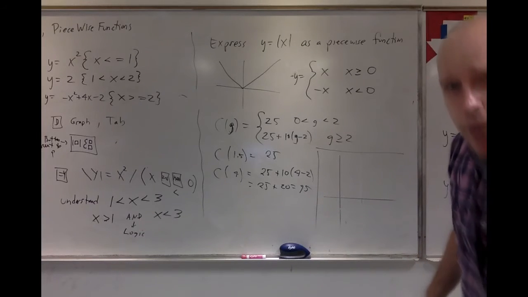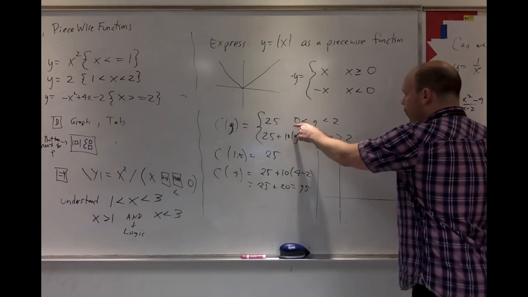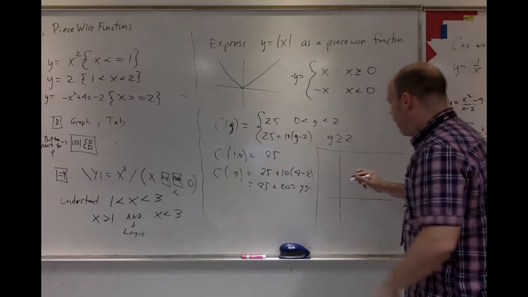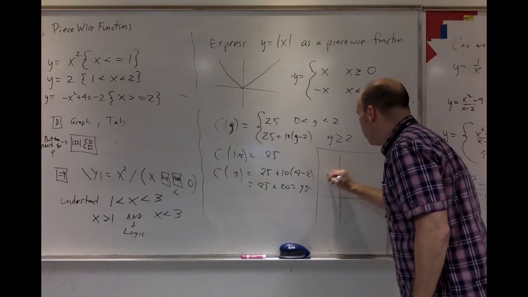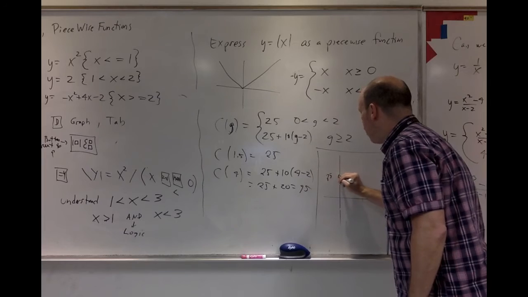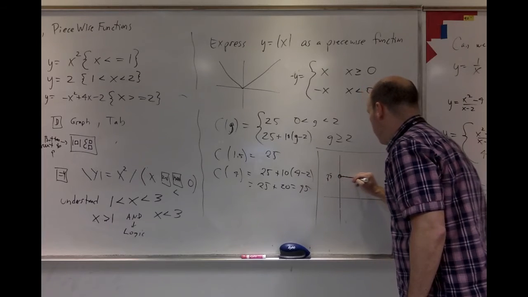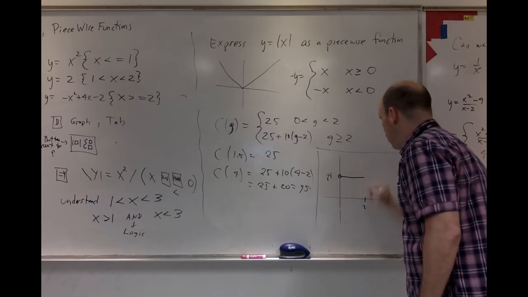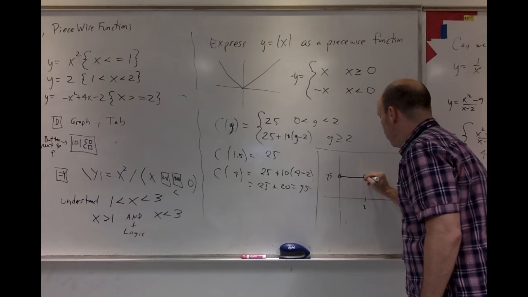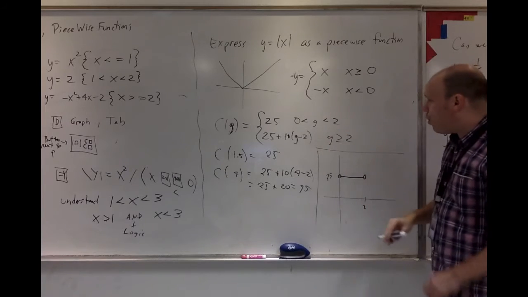So let's see what's going on. I know from 0 to 2, it's 25. Here's 25, and an open circle, to 2, 25. What's happening at 2?